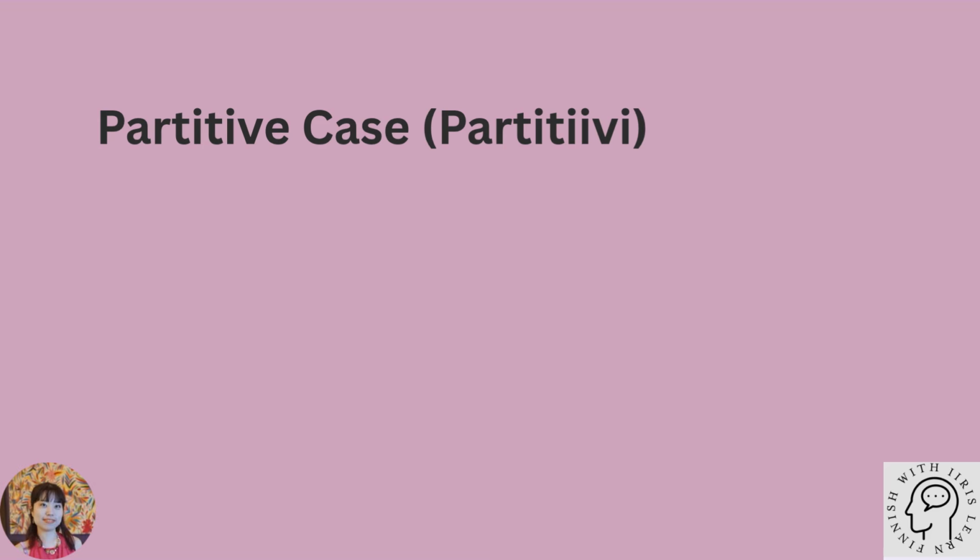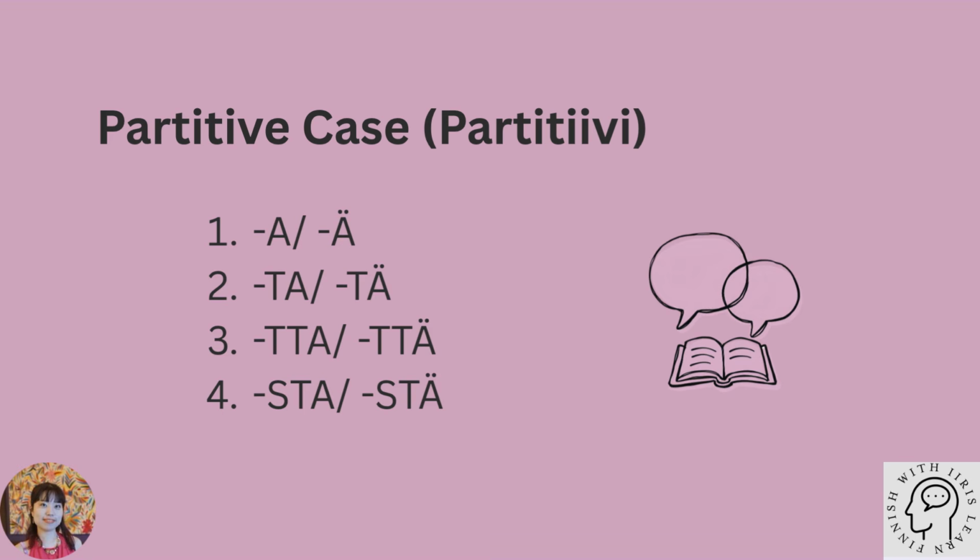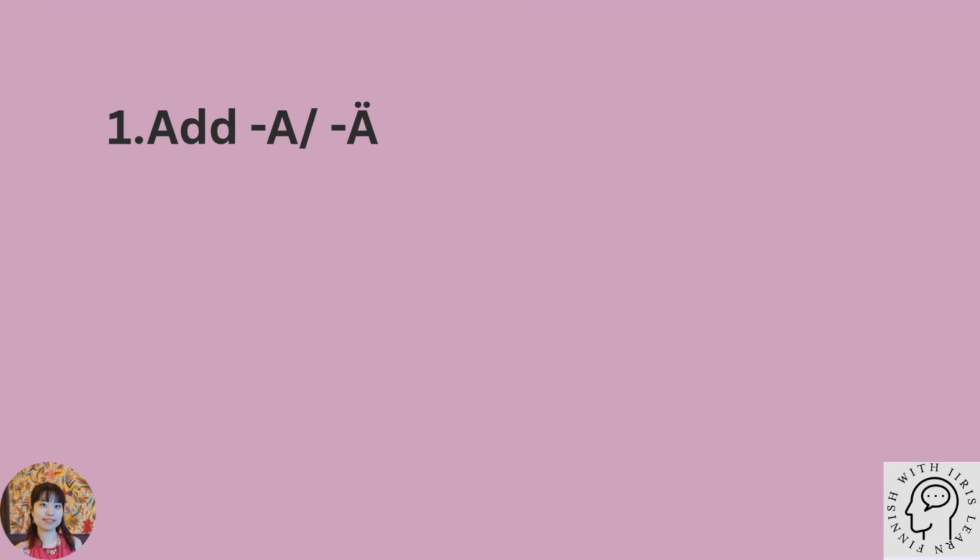Now, let's learn how to form the partitive case. There are these four basic patterns to form the partitive case. Let's check one by one. The first pattern is to add A or Ä.